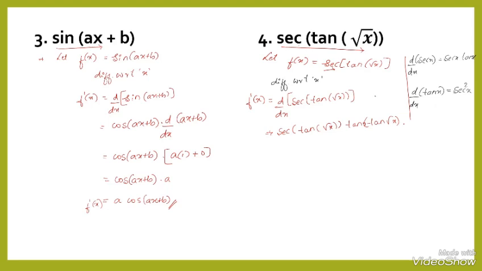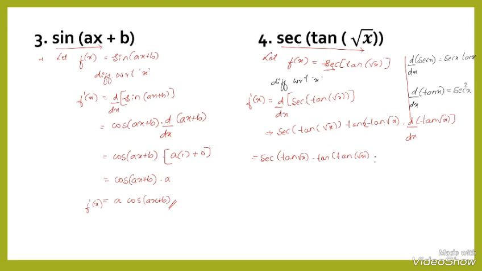That's why again differentiate d by dx of tan of root x. Now the value is sec of tan root x into tan of tan root x. Again differentiate tan of x.